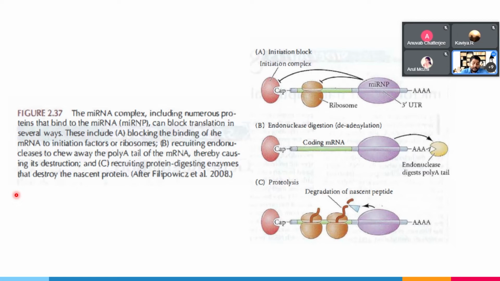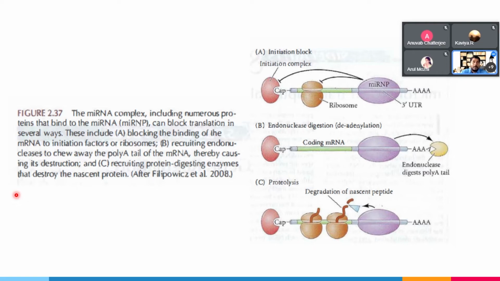MicroRNAs are essentially short stretches of RNAs that have complementarity to the mRNA that is being produced. And what they do is they go and bind to the mRNA. The binding to the mRNA helps a particular complex known as the RISC complex in recognizing the mRNA.